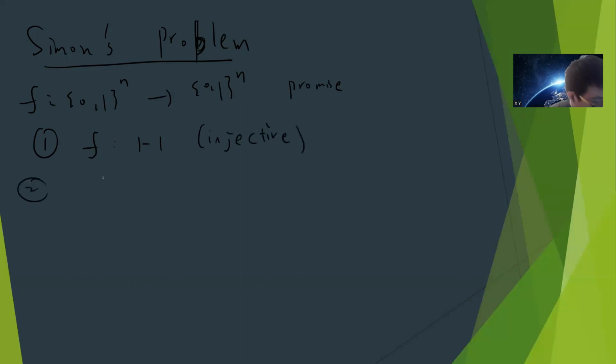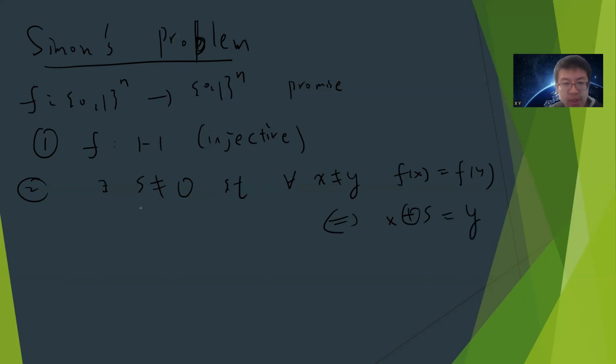The second case is that there is a hidden s we don't know, such that for every x not the same as y, f(x) equals f(y) if and only if x XOR s equals y. So there's a hidden s such that for every two elements whose function values are the same, x's bitwise sum with s will be y. Basically, this is another form of the hidden subgroup problem.